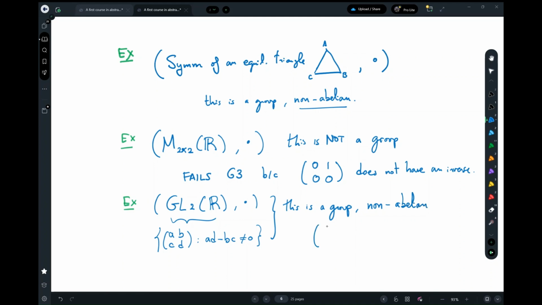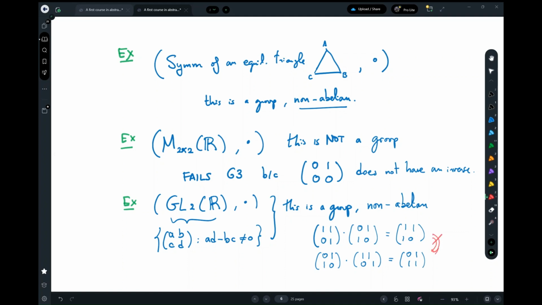Because, for example, I showed this example before, so let me write it here again: the product of the matrices (1,1;0,1) times (0,1;1,0) is (1,1;1,0), but the product of (0,1;1,0) and (1,1;0,1) is (0,1;1,1), and these are not the same.